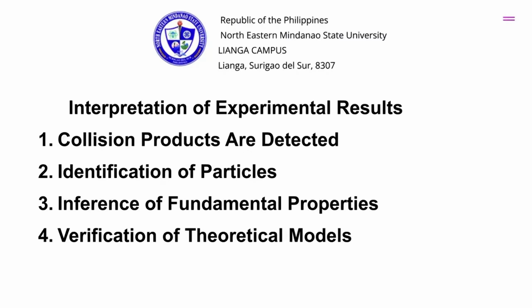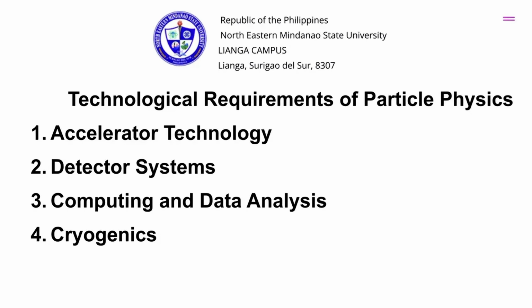Discovery of particles, for example the Higgs boson, confirms theoretical frameworks. These experimental observations allow physicists to determine particle masses, interaction strengths, symmetry principles, and conservation laws.